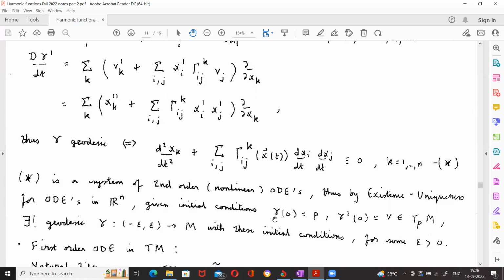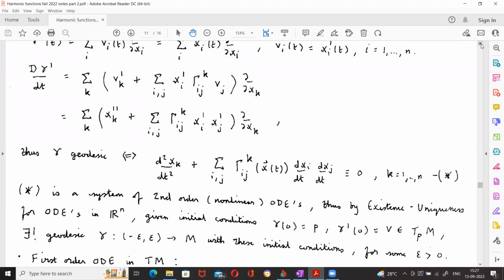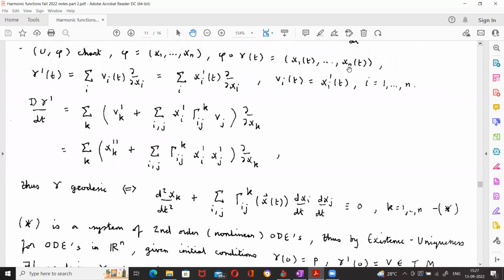Okay. So given initial conditions, gamma(0) equal to p and gamma prime(0) equal to v in TpM, right? This gamma(0) equal to p is going to determine the values of the coefficients x1(0) up to xn(0), right? And gamma prime(0) is going to determine x1 prime(0) up to xn prime(0), right?